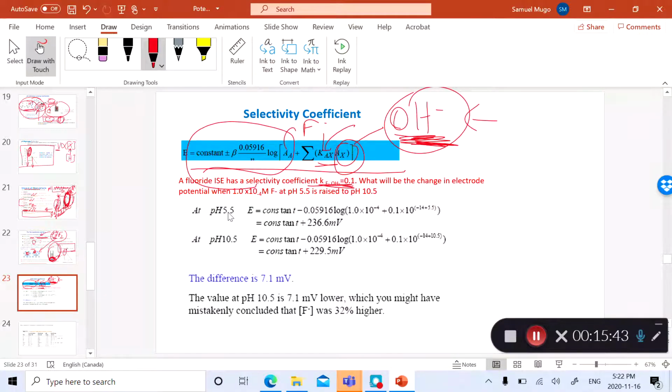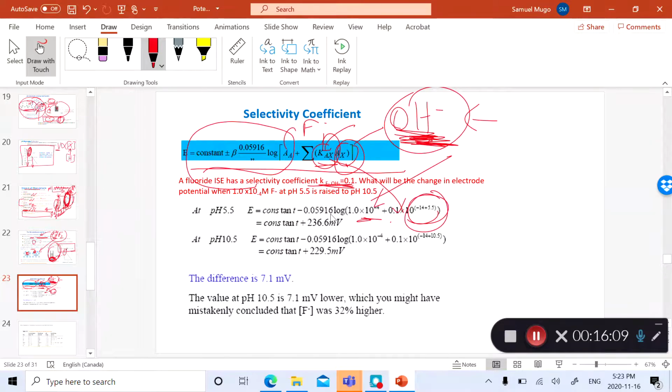At pH 5.5, the voltage that you read from your fluoride ion selective electrode is going to be that, because the concentration is that, right, of fluoride, plus K, the selectivity coefficient. And then this one is the concentration of the interfering species, which is the hydroxide in this case.